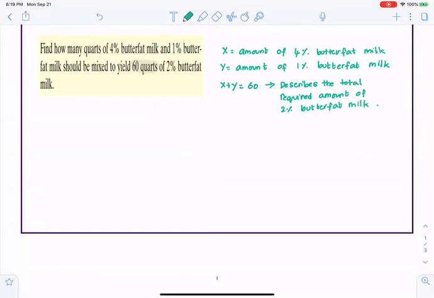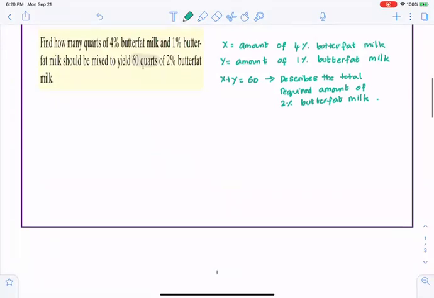Now the key here is to formulate the second equation. The second equation is a bit tricky because we're not simply looking at the amount, rather we are looking at the percent that we are trying to form. So how do we do it? The first equation is for the amount.